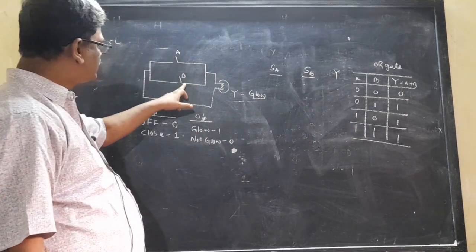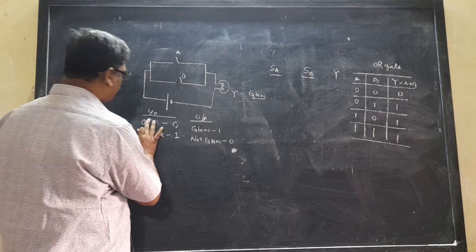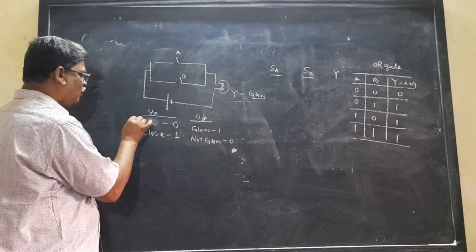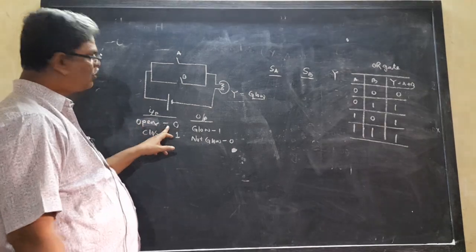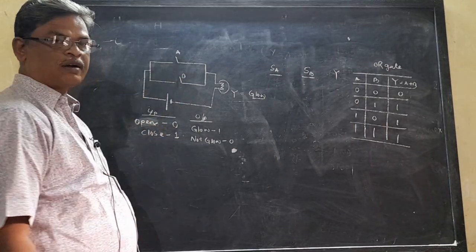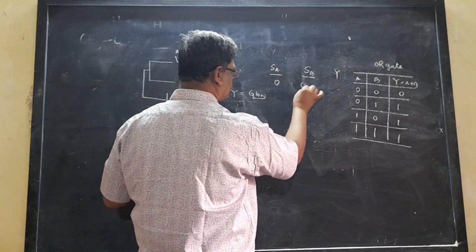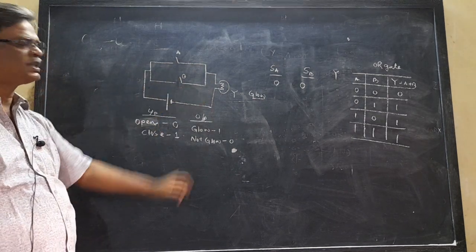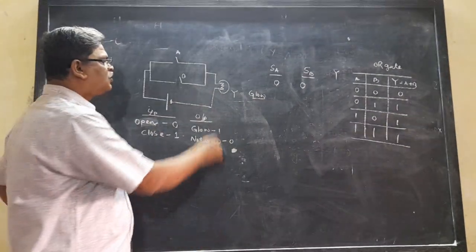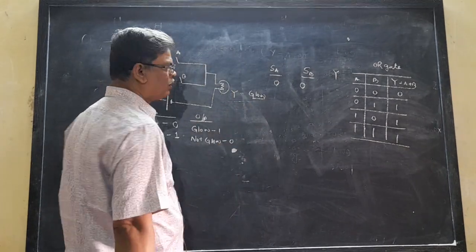When both the switches are open, write open, then the output is 0. When the switches are open there is no current flowing through the circuit, so the bulb will not glow.